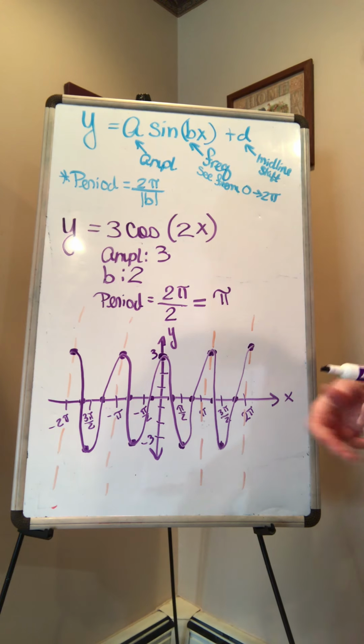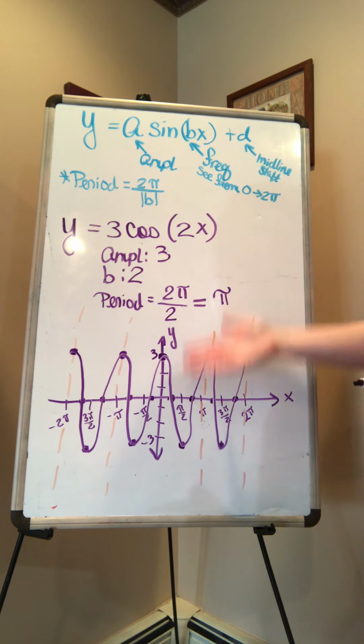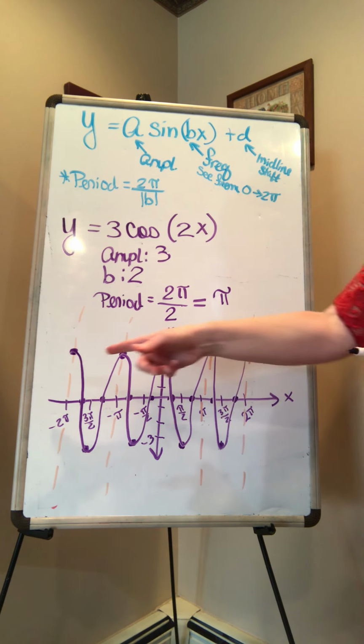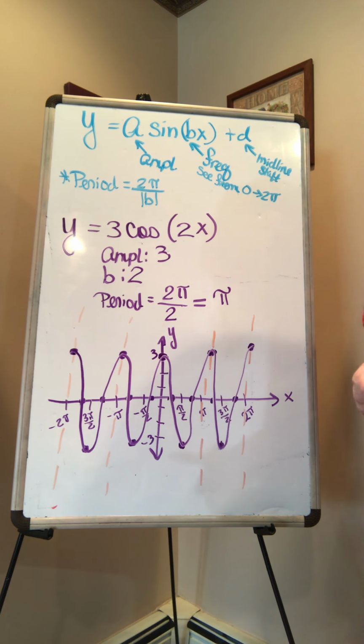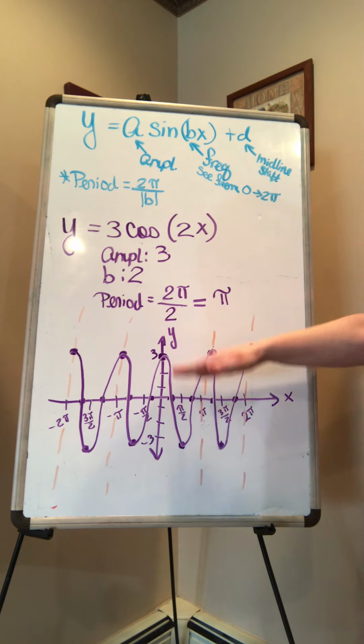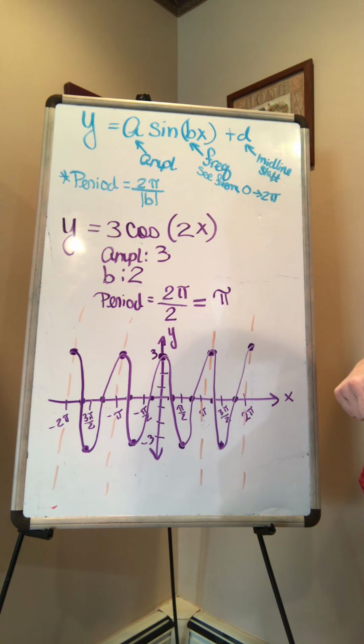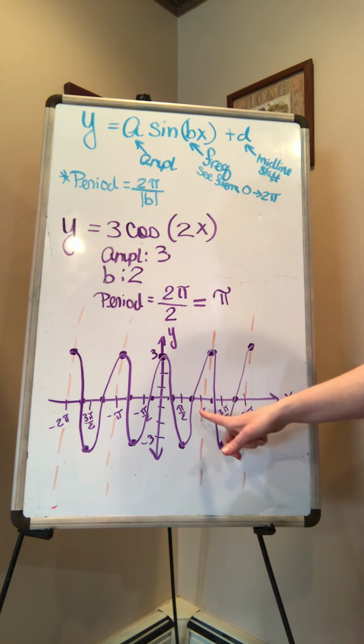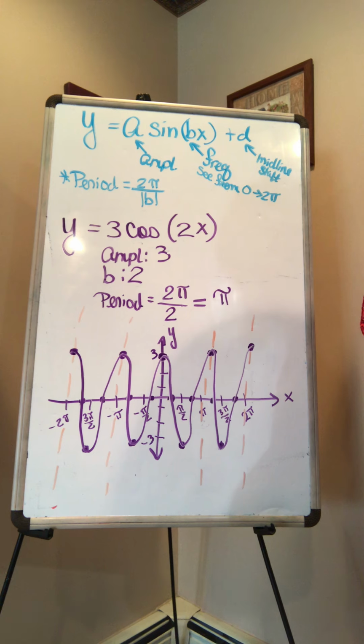And so now you would have 4 full cycles between negative 2 pi and 2 pi. That would now be your domain. Your amplitude was still 3. And period was pi. Between 0 and pi, we saw 1 full curve. So you'll get used to reading these. I really do believe you will.